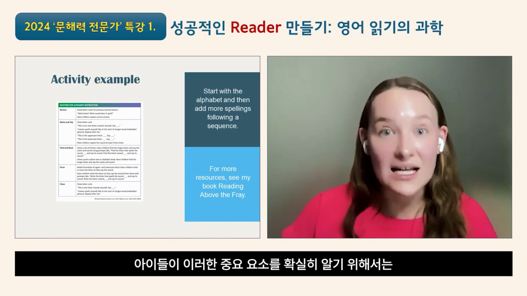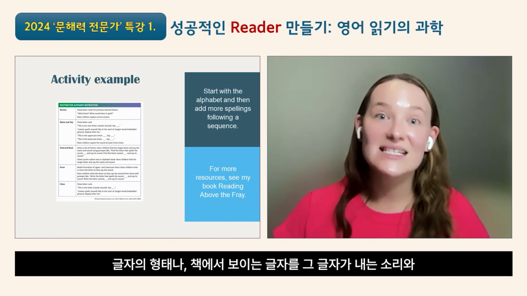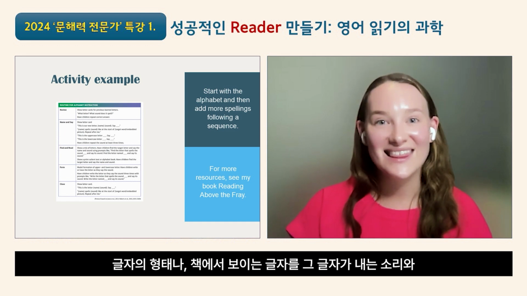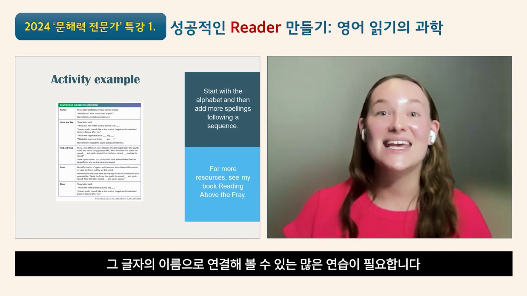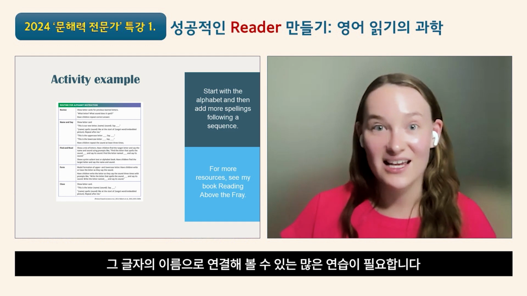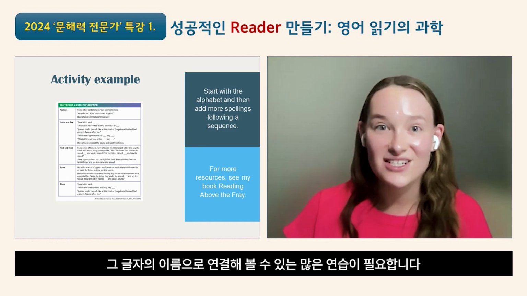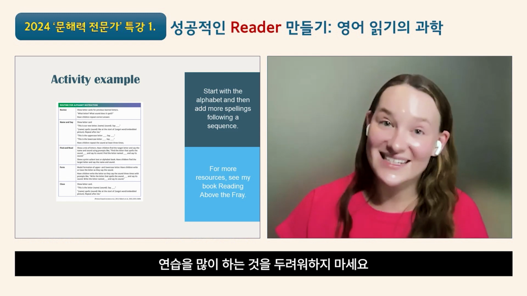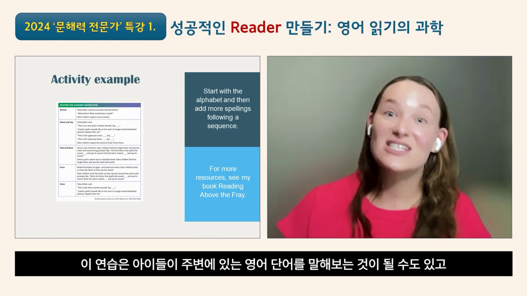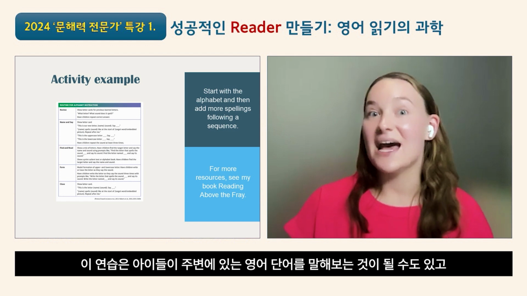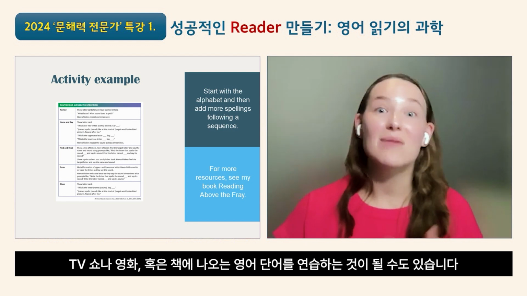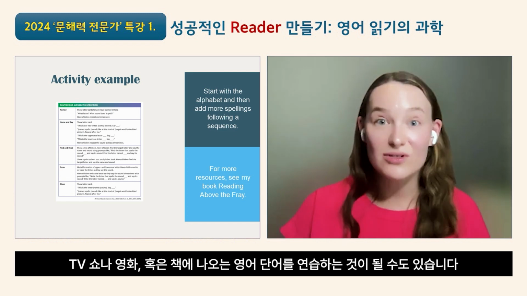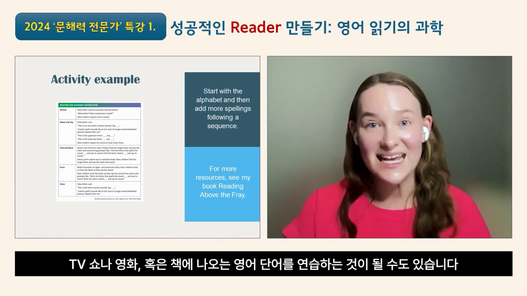Children need lots of opportunities to connect a letter's form, or the letter that they see on a page, with the sound that it makes and the name of that letter in order to solidify this knowledge. So don't be afraid to do lots of practice. It might be practice just seeing English words out in the environment. It might be practice seeing English words on TV shows or movies or in books.